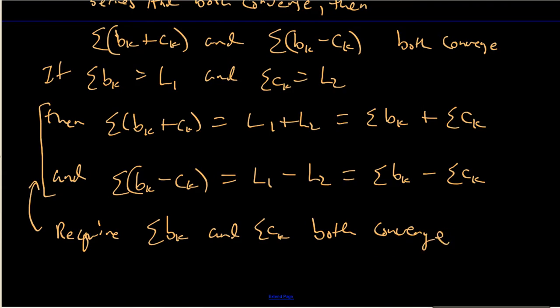Now what we're going to look at is what it means when the series a_k converges absolutely, and we want to try and show that the series of a_k itself converges. So let's go to a new sheet. Our hypothesis is that we have a series that converges absolutely.